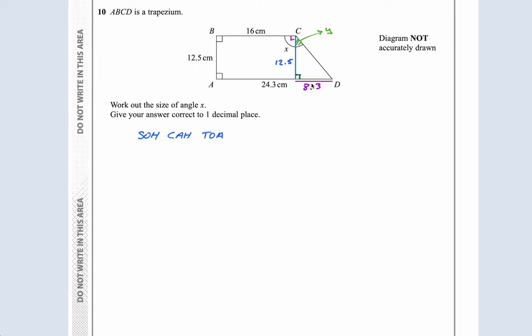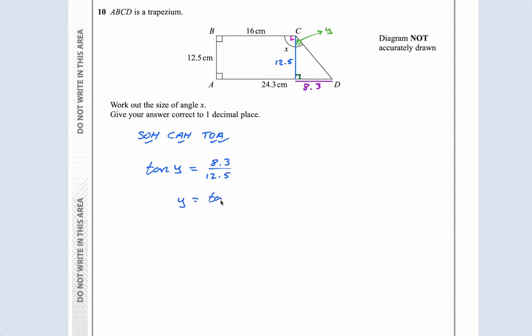I have the opposite and the adjacent. Which one has the two ticks? It's TOA, so I have to use tan. So tan of y, because it's this angle, is equal to opposite, 8.3, over adjacent, 12.5.